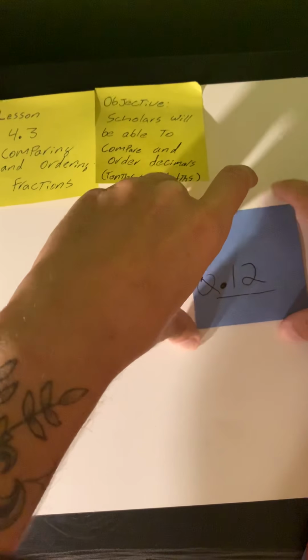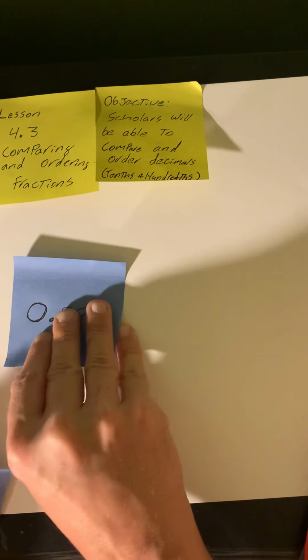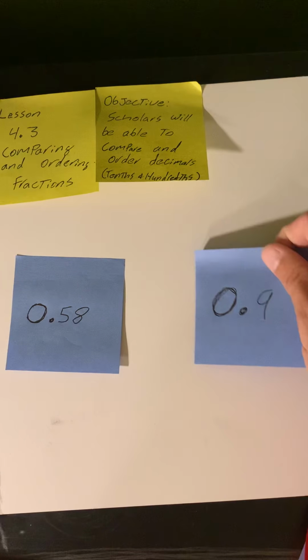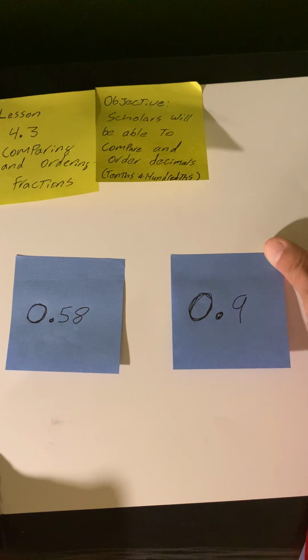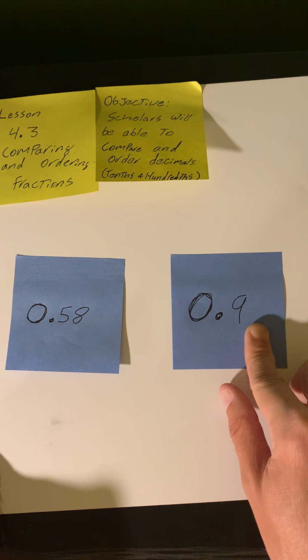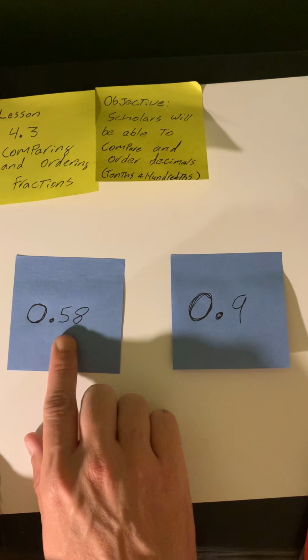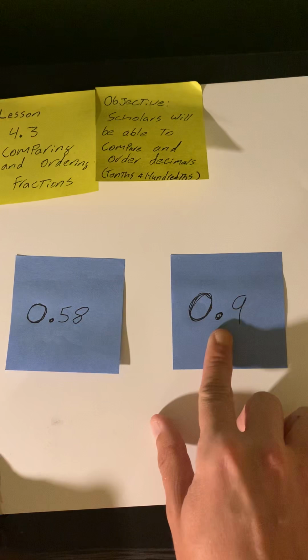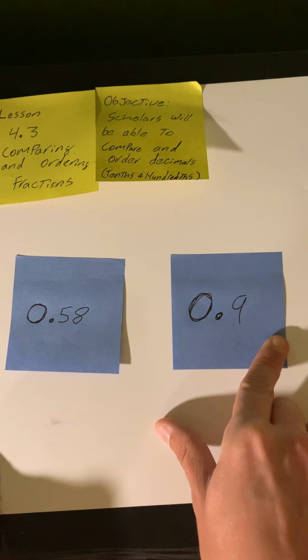I'm going to make another comparison now. And this comparison I'm making between the numbers 0.58 and 0.9. I'd read this number as 58 hundredths, and I'd read this number as 9 tenths.